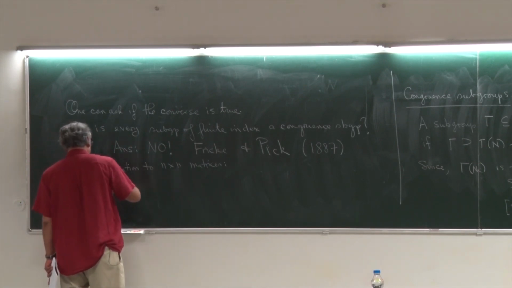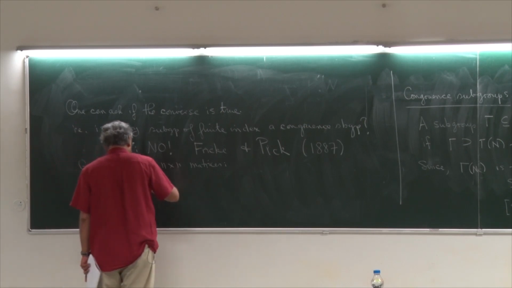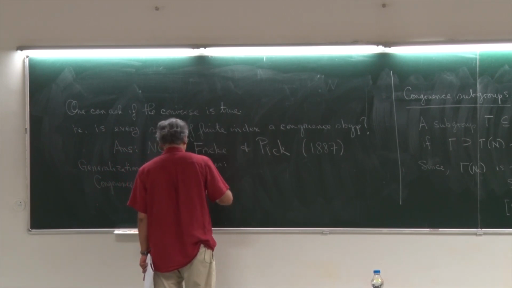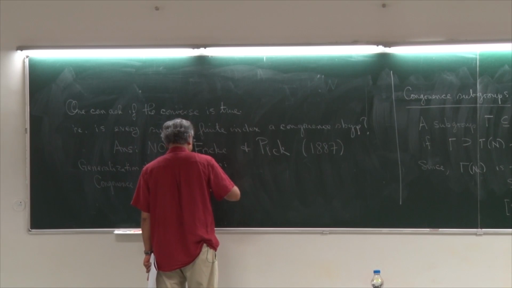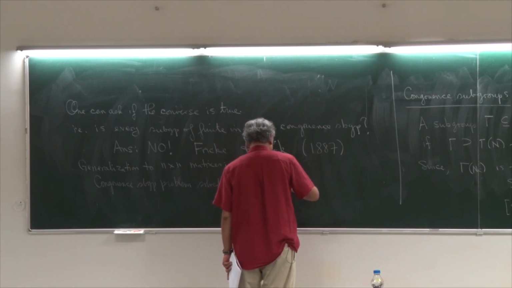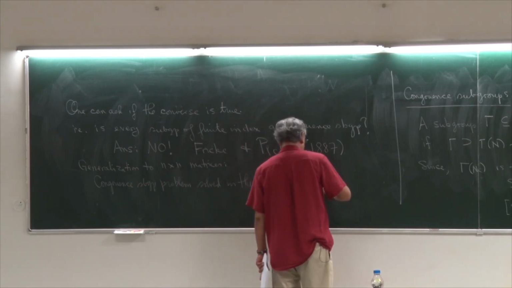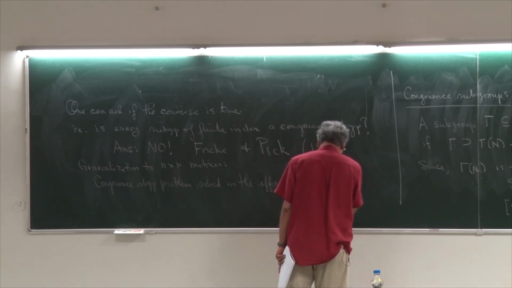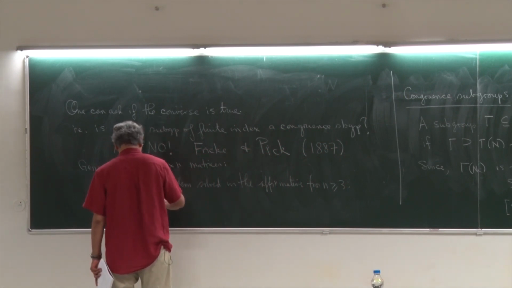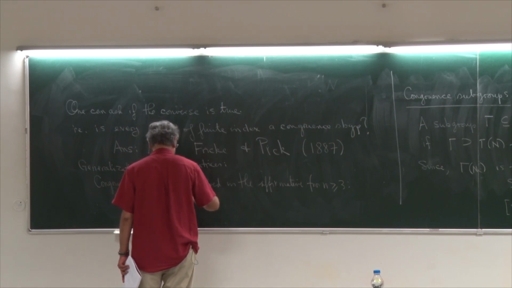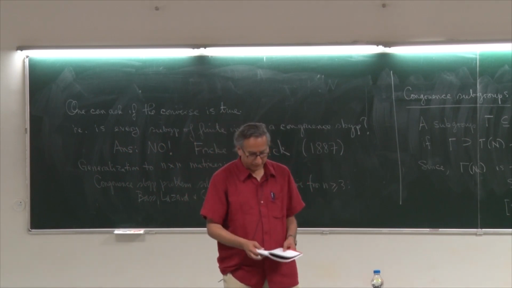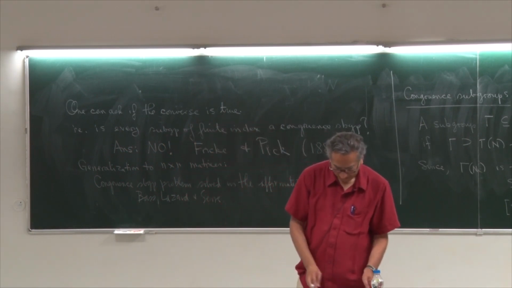The congruent subgroup problem is solved in the affirmative for n bigger than or equal to 3 by Bass, Lazard, and Serre. And then there are more things like generalizing it to number fields and so on and so forth. That was done by Bass, Milnor, and Serre.